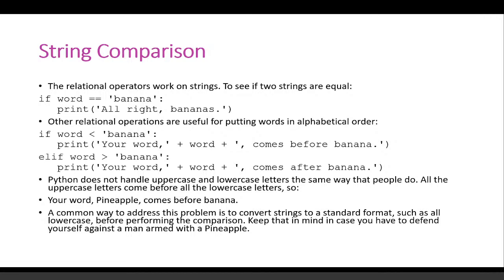It's going to go letter by letter, making a comparison until it finds one letter that's greater than or less than the other. And then it'll say, oh, apple comes before banana because A comes before B, because A has a lower ASCII value than B.